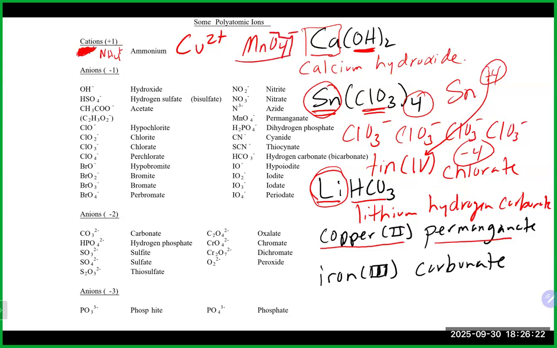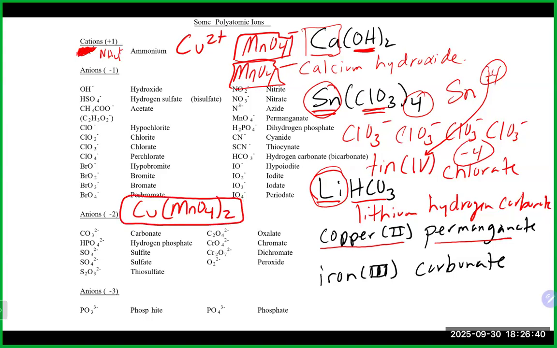Again, that entire thing has a -1 charge, which means when I put it together, I need not one, but I actually need 2 of them to balance it out. And that would get me Cu, and because I have more than one of those polyatomic ions, I do need to put parentheses around it and a little number there on the bottom. Any questions on that one there?